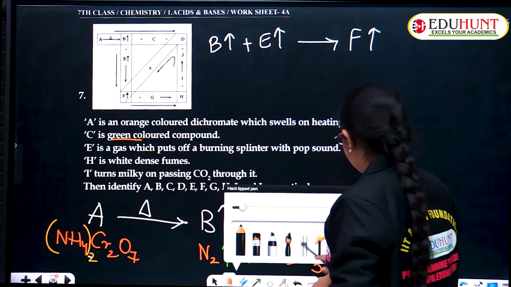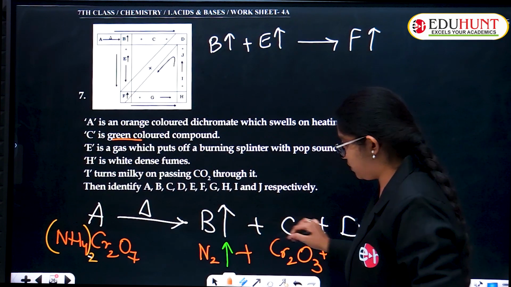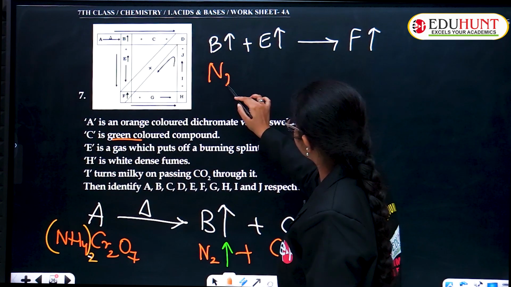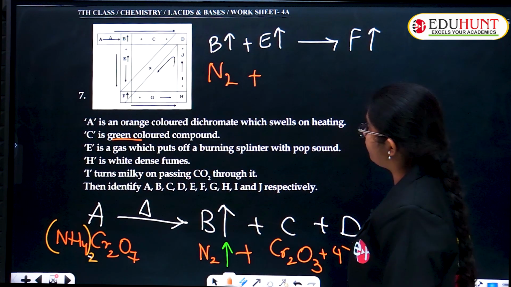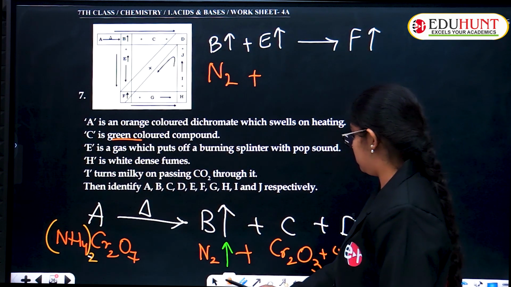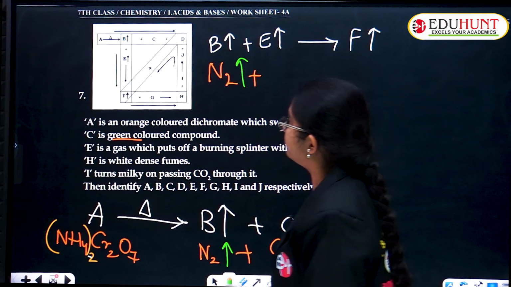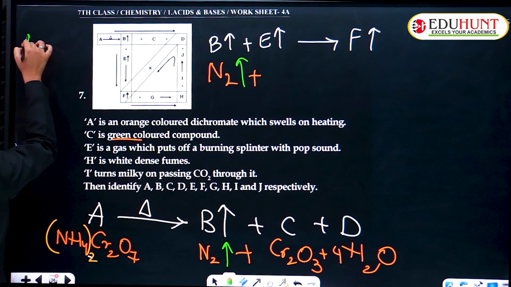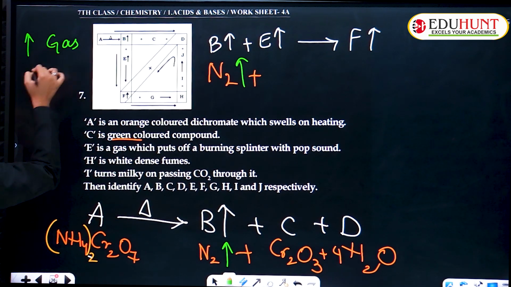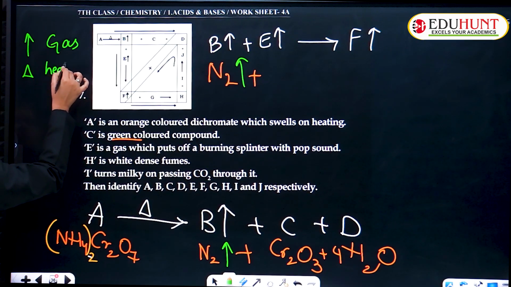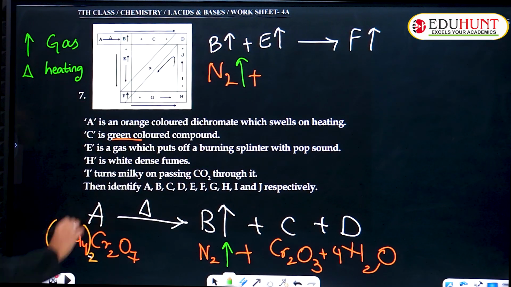From the previous equation, we got B as nitrogen gas, N2. And to this we have to find out what E and F are. Nitrogen gas has an upward arrow mark, which means it is a gas, and the delta triangle means upon heating. Clear, no?